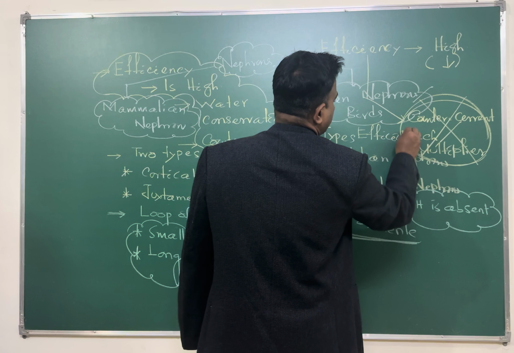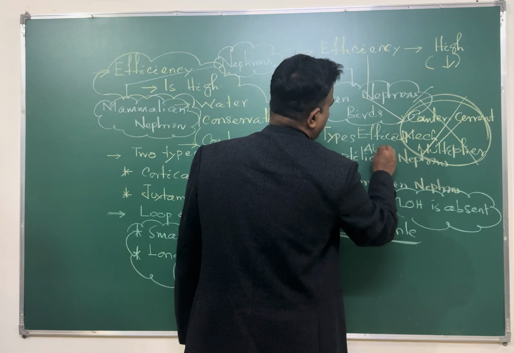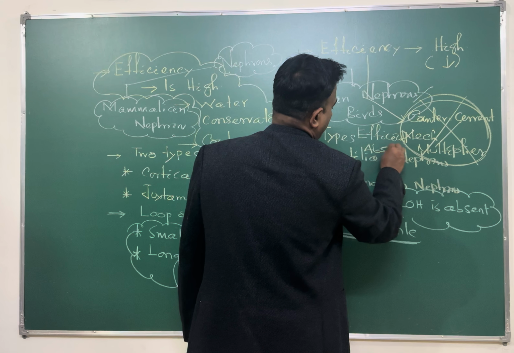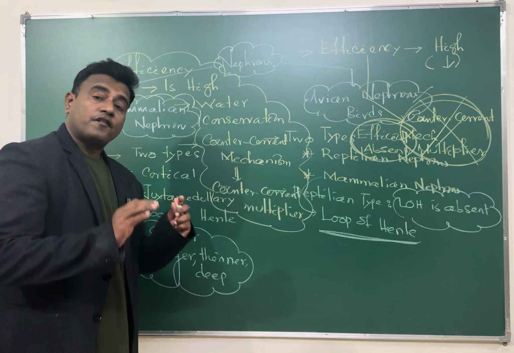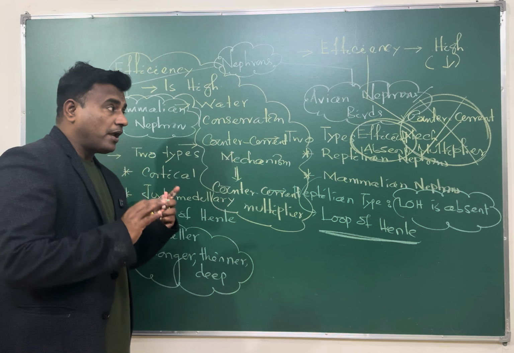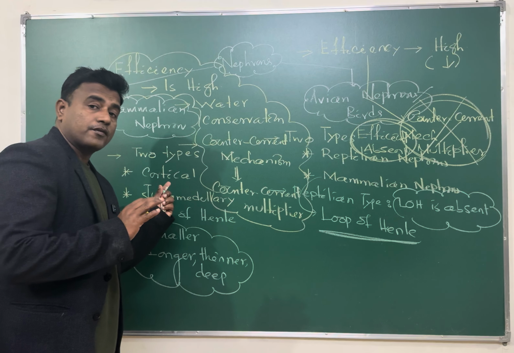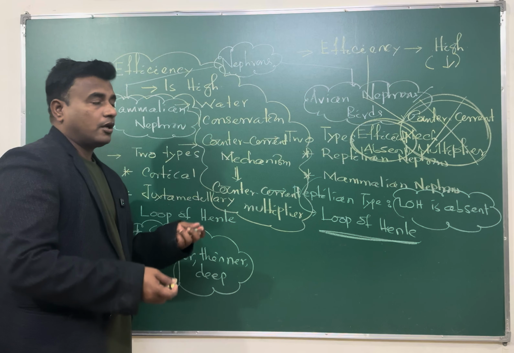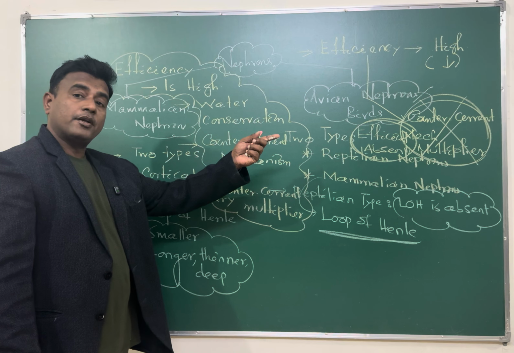Even they are said to be absent. So this is the third point of difference, because I am going to discuss the relevant physiological points which make the mammalian nephrons more advanced compared to the avian nephrons.